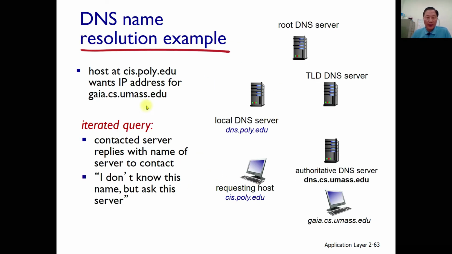This is one example of how a domain name is resolved, finding the IP address for that domain name. For example, a host at cis.poly.edu wants the IP address for gaia.cs.umass.edu. Think about this, even on a smartphone, it doesn't matter.